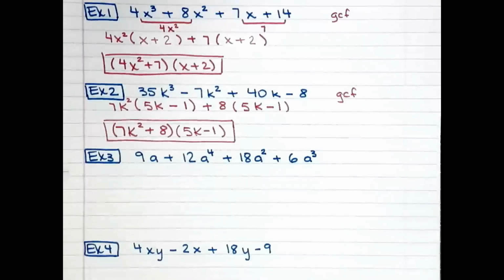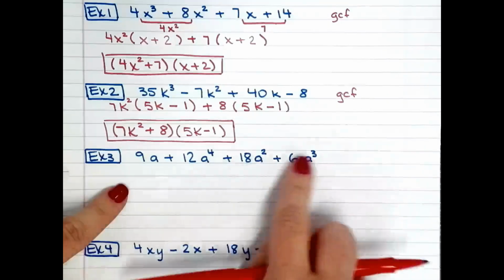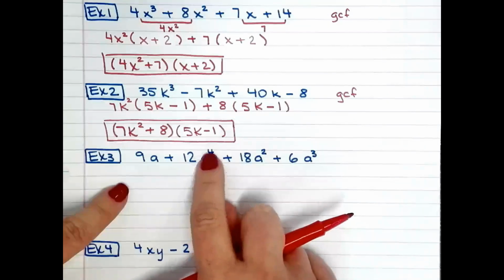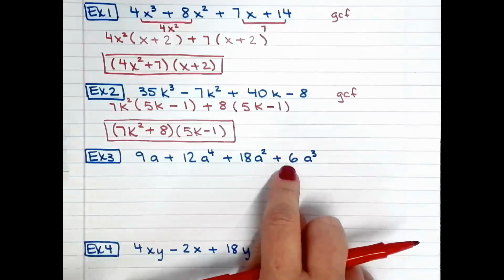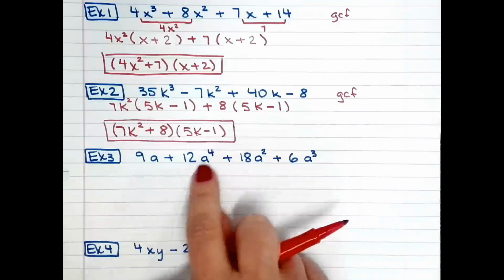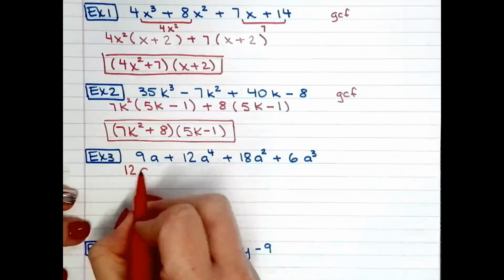Now, number 3, before you start pulling the GCF, notice how it's out of order. Here you have 4th power, and then it's all out of order. Before you start doing anything, let's organize this. Let's put it in order from greatest to least exponent. So I'm just rewriting it.